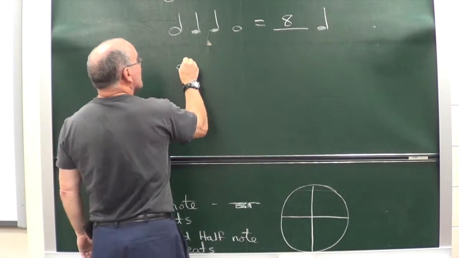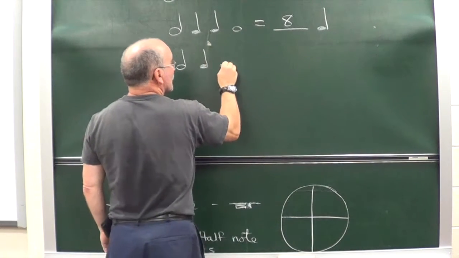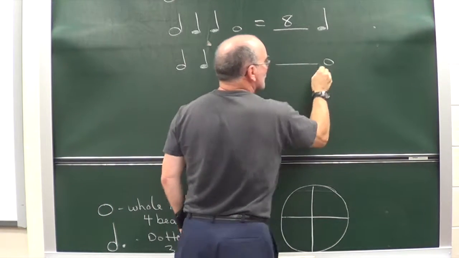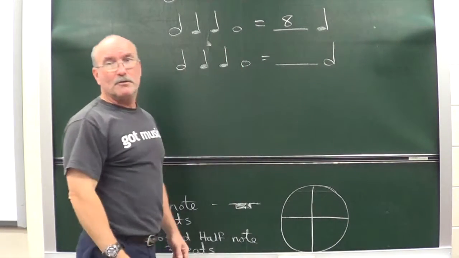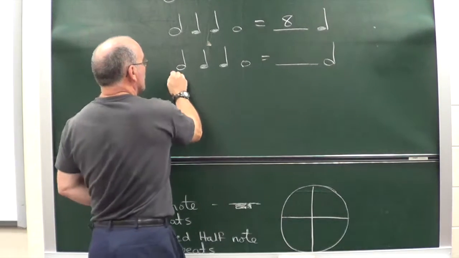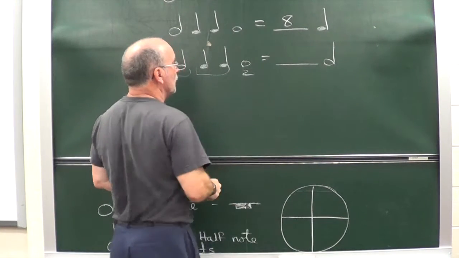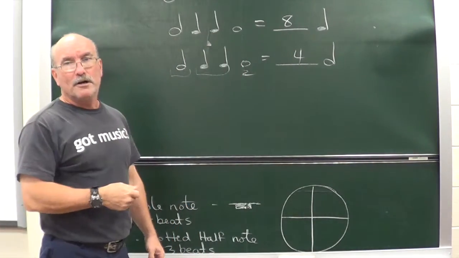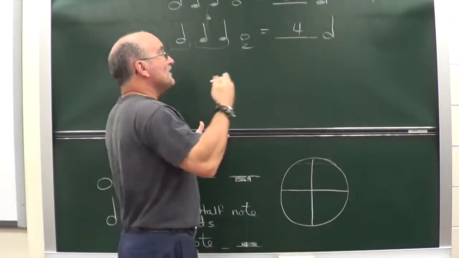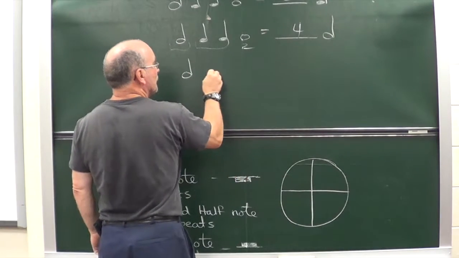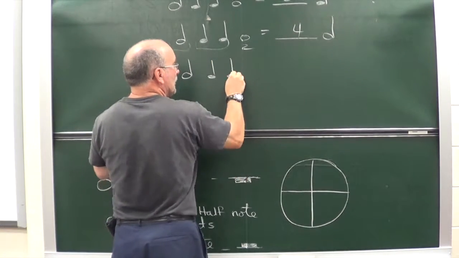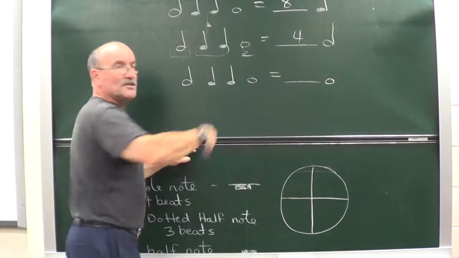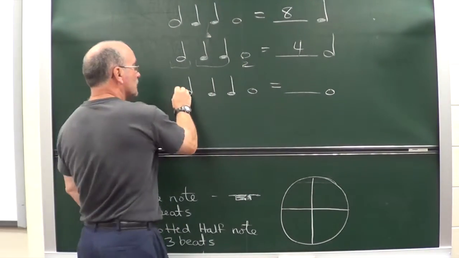However, if we had that exact same question, but instead what it's asking is, how many half notes is that equal to? Well, the answer would be, okay, there's 1, there's 2, and there's 2 more right there, so that would be 4. It would equal 4 half notes. That same question could be asked, and the question would be, well then, how many whole notes is this equal to? Well, there's 1 whole note.